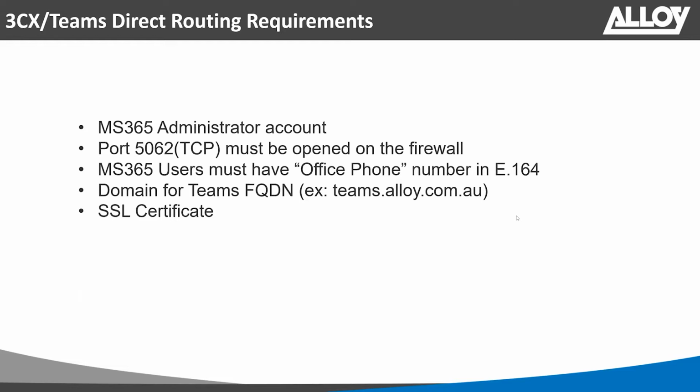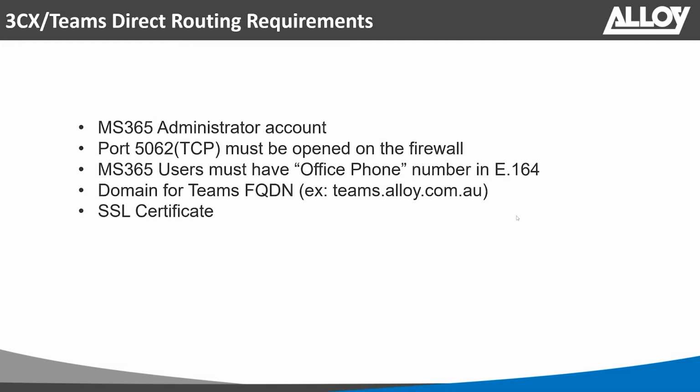So this needs to be open as well. Usually 3CX by default uses 5060 for normal SIP communications. 5061 is for TCP and TLS communications. So 5062 will be the new port that's required for Teams.